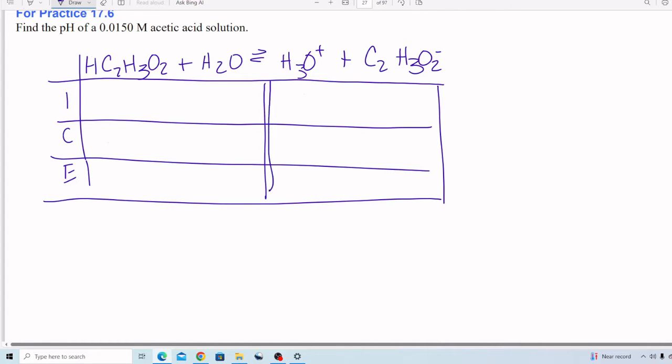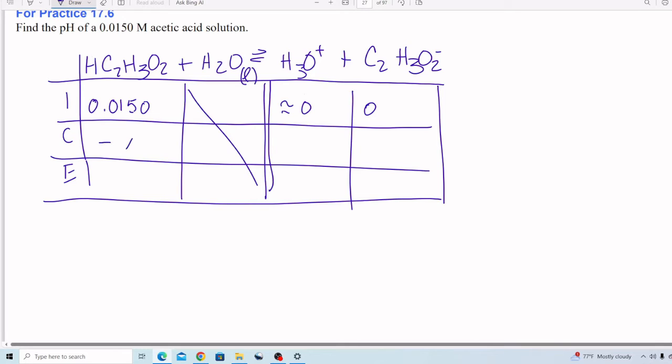And if we can't determine those concentrations through direct calculations, because we don't have values for them, we use X to represent the dissociation. So we're beginning with 0.0150 molar of the acetic acid, and essentially none of the hydronium and none of the acetate.